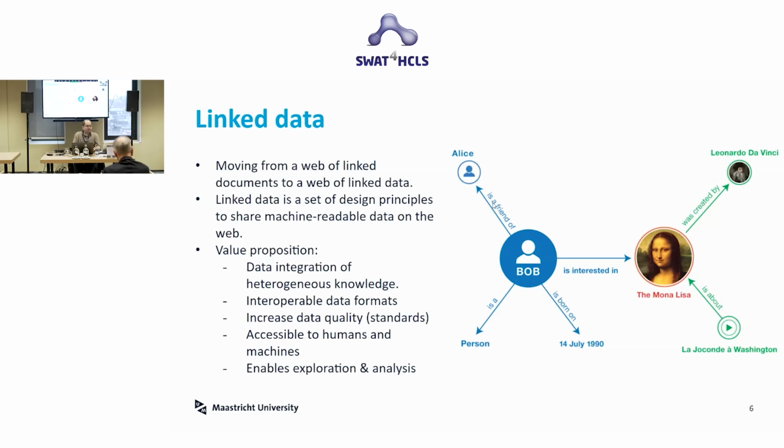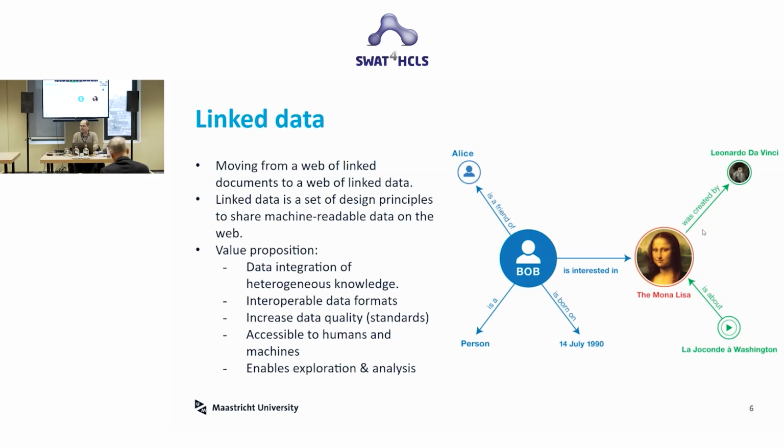So we have very different kinds of information encoded here. We have relationships between people, and we have interests between people and art. And also we have here, Bob is born on. So we're not only connecting entities to entities, but also we're storing attributes of those entities. So we have recorded information about Bob, like the date of birth in this example.